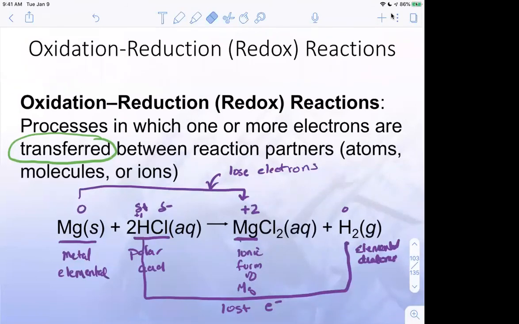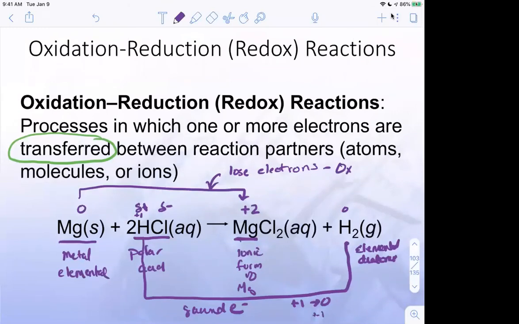Because if I become positive, right, and then I become neutral, I went from a +1 to a 0. So that's a -1. So I gained an electron, and this would be part of this oxidation reduction process.